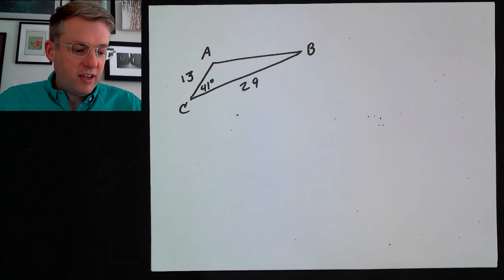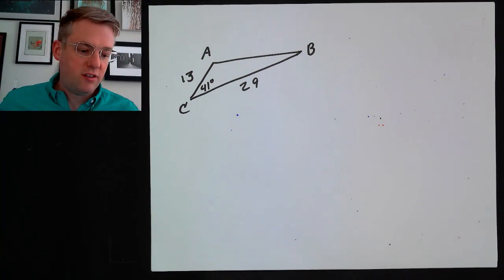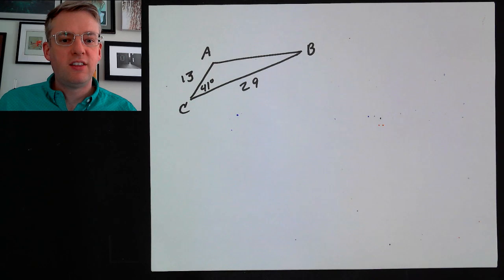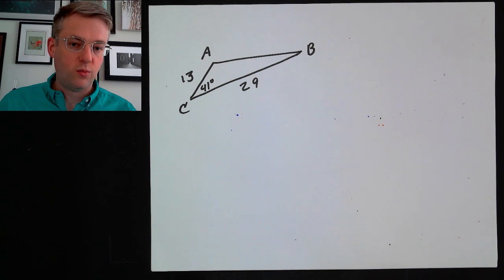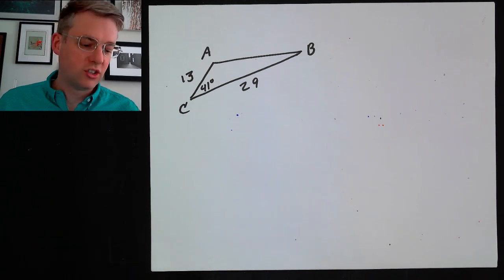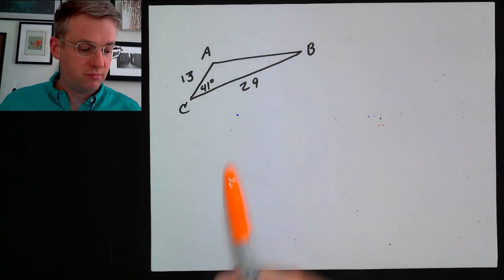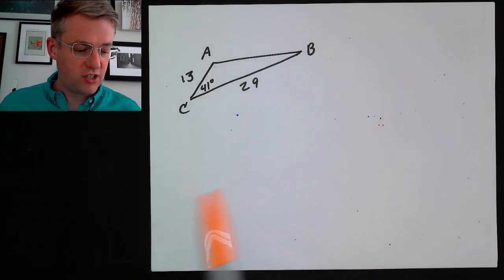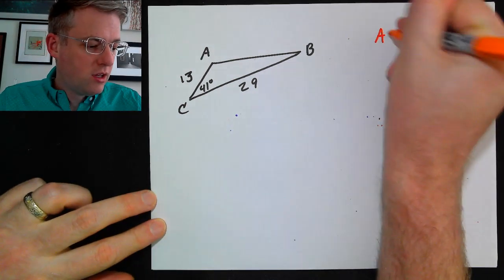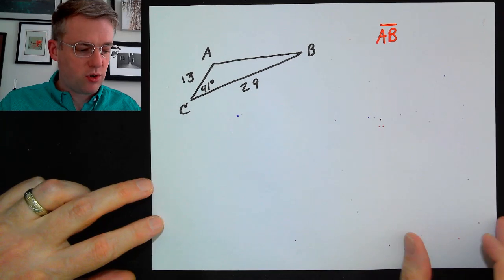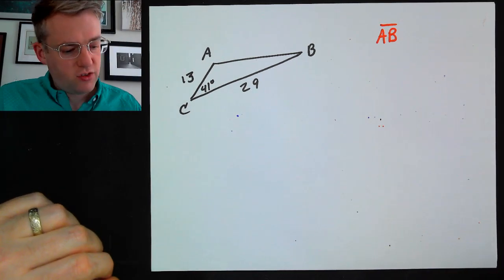So when we want to find a missing side, we need to fill in the side, the angle, and the side across from the one we don't know. So we're going to have a setup similar to this one. We have triangle ABC, where obviously the only side we don't know is segment AB. We're trying to find the length of segment AB.